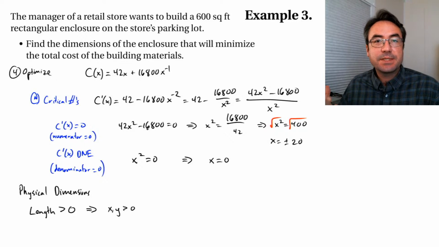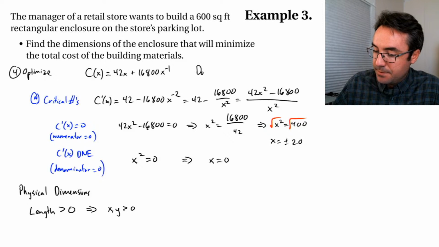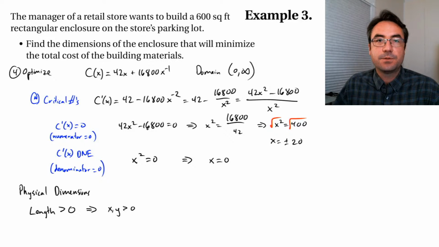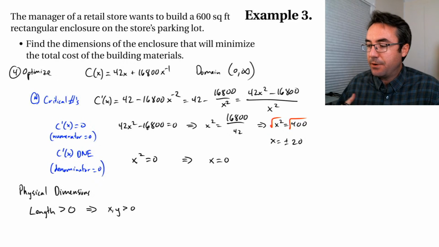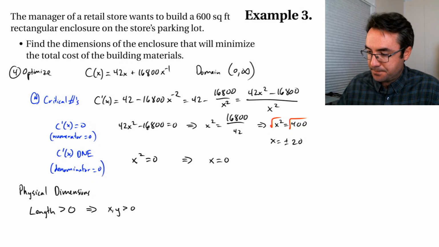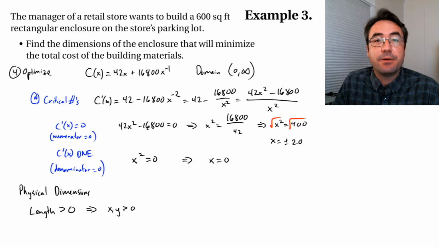So when we set up this cost function originally, the domain is really the interval from 0 to infinity. Those are the only x values that we're actually considering, things greater than 0. So we found one critical number then. Well, we go through our critical numbers and we go figure out which one's actually in the domain of our function.